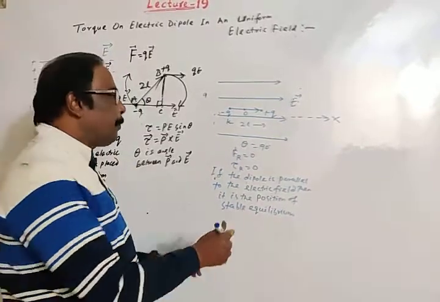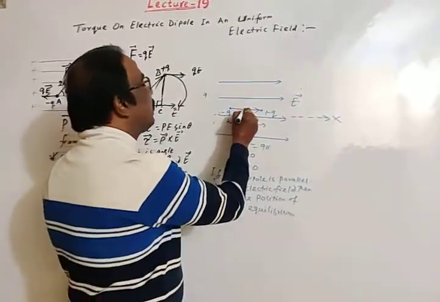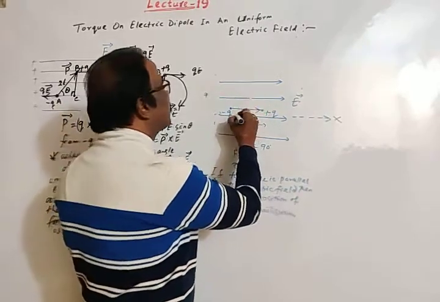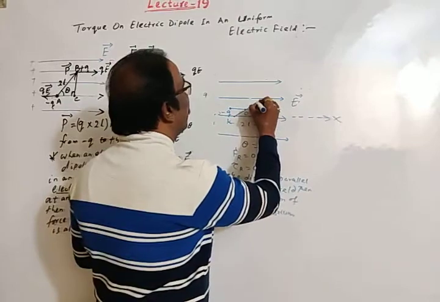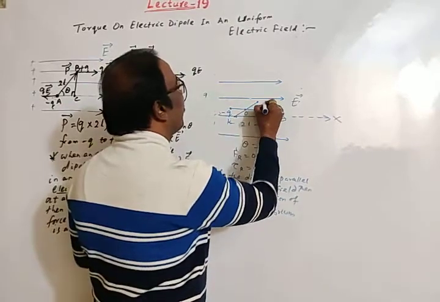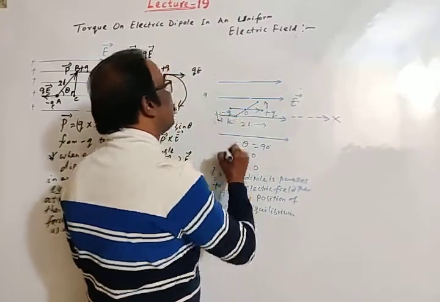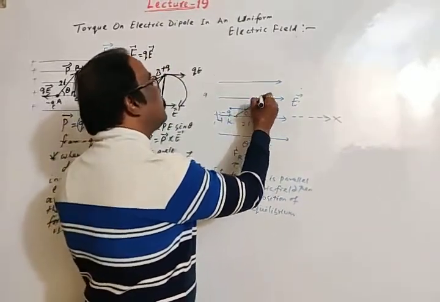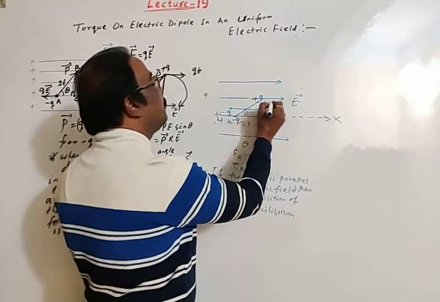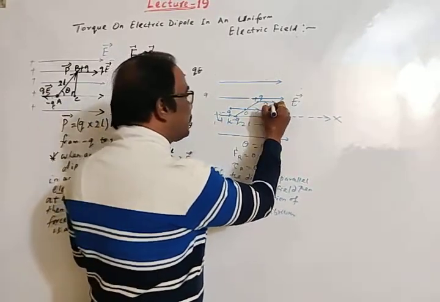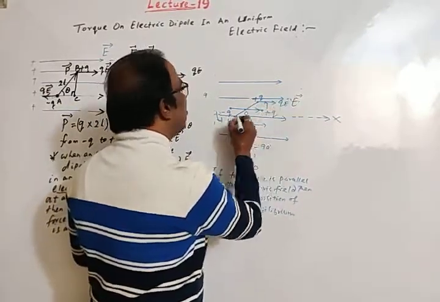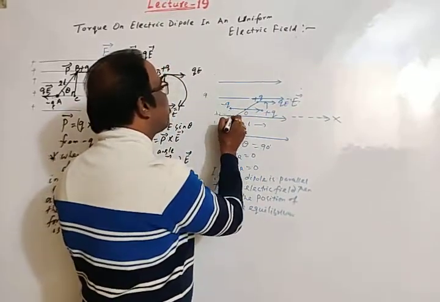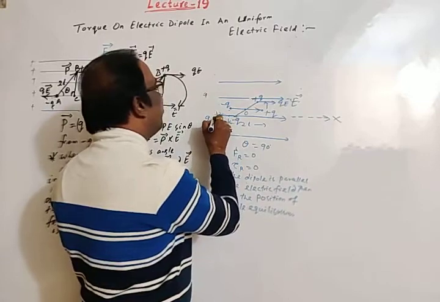Suppose this is the center of the dipole. I tilt the dipole a little. I slightly rotate the dipole like this. At this position, this is plus q, this is minus q. This plus q will experience a force qE, and this minus q will experience a force again qE.